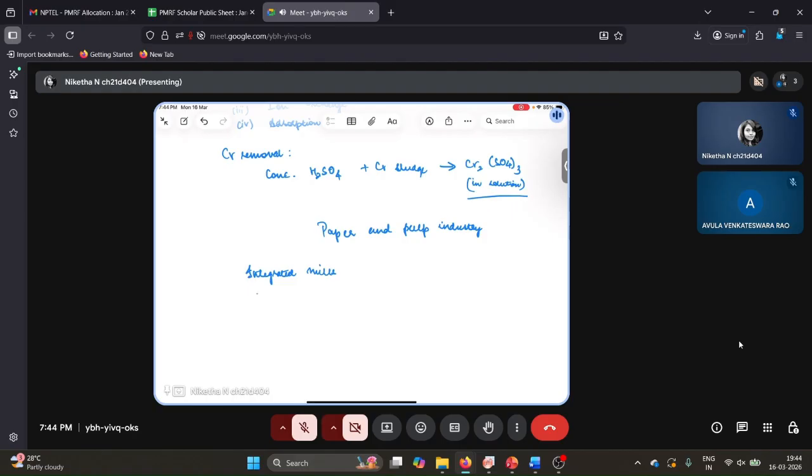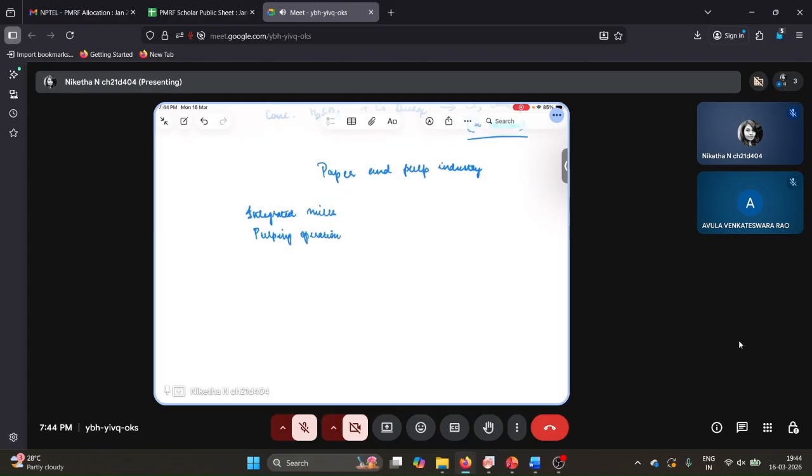In integrated mills, we have both the pulping operation as well as paper making. These two processes happen in the same mill, and that is why it is called an integrated mill. Before we make paper, we have to take out the pulp.